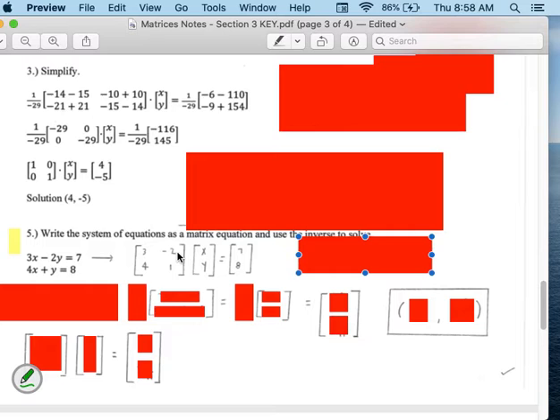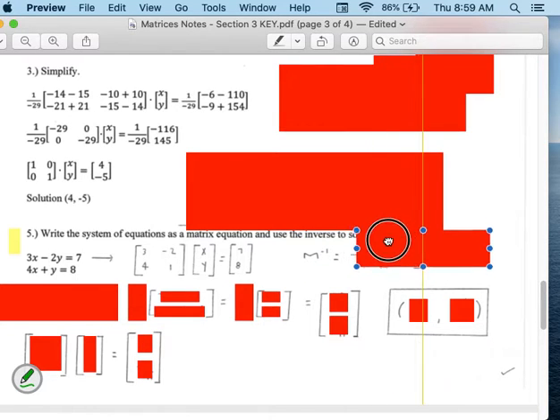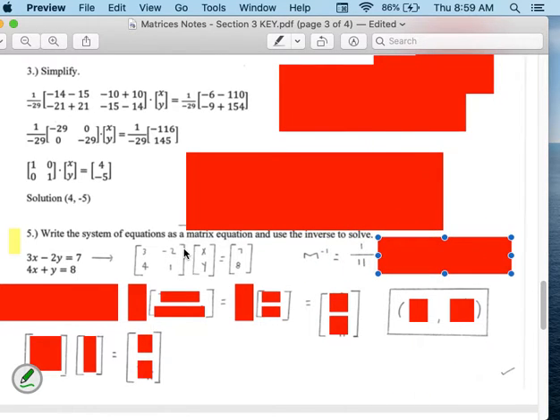What do we get? 11, yes. 3 times 1 minus 4 times negative 2 is 11. So that's our denominator. And then we swap A and D and change the signs of B and C. So this is our inverse. You write that as M to the negative 1, just like the inverse of sine was sine to the negative 1.